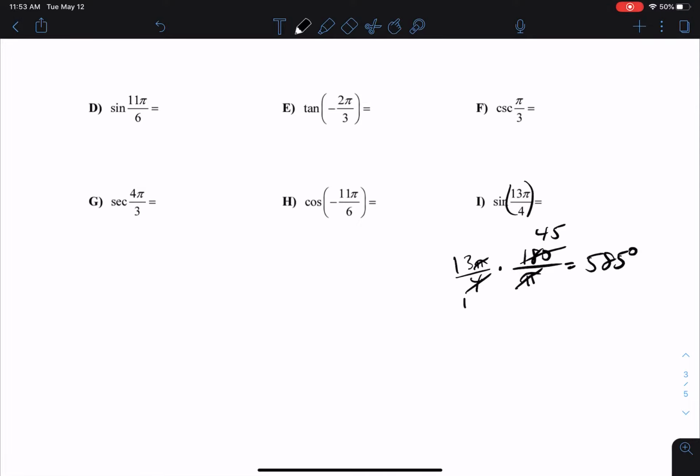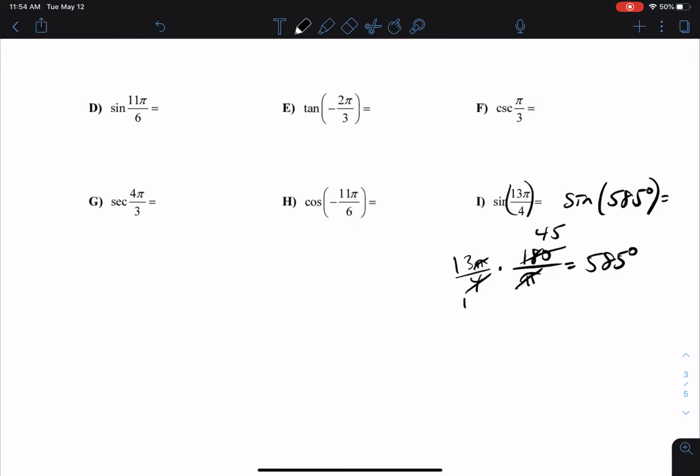So what this question is asking for is the sine of 585 degrees. It's bigger than 360, so we're going to have to go more revolutions. We're going to have to do a little bit of subtraction here. Where is 585?